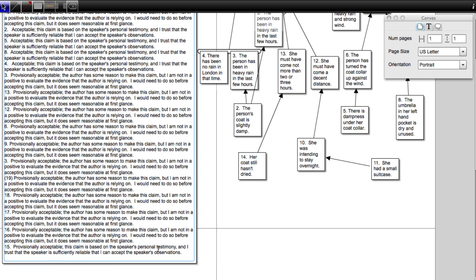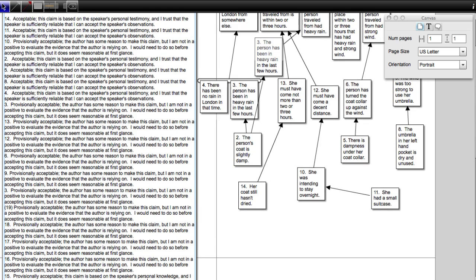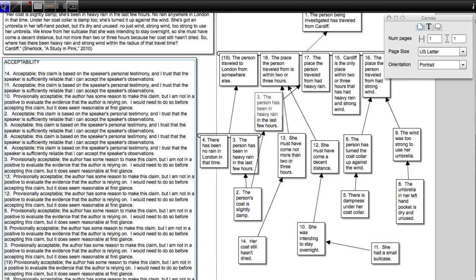It's not exactly based on the personal testimony. It's more based on personal knowledge. And I would want to double check that knowledge before accepting it outright.